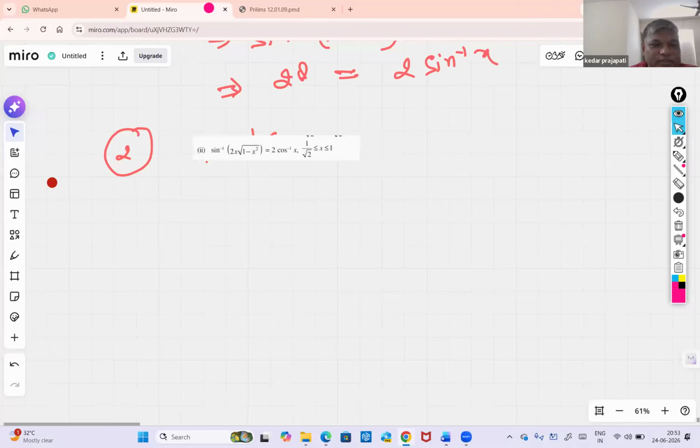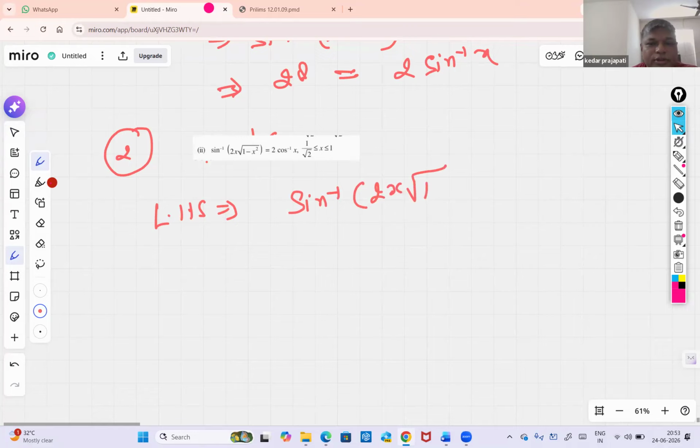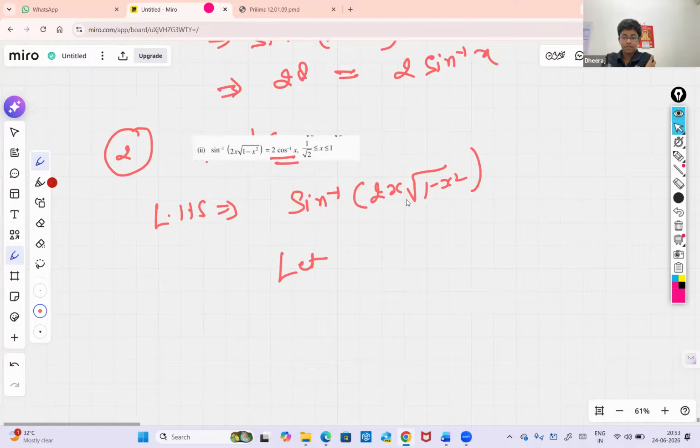I'm taking the LHS: sine inverse 2x root 1 minus x square, and we have to prove this. Are you clear why they give the same identity but different relations? Because if you take x equal to a sin theta, your answer will come in sin theta format. So what we have to do is take x equal to a cos theta.